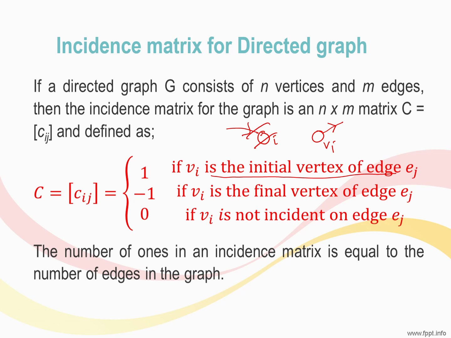So in this case, Cij will equal 1. If the direction is into the vertex Vi, then the element of the matrix is equal to -1. If there is no edge attached to vertex Vi, then the element is equal to 0. In this case, the direction of the edge matters to determine the entry of the matrix.